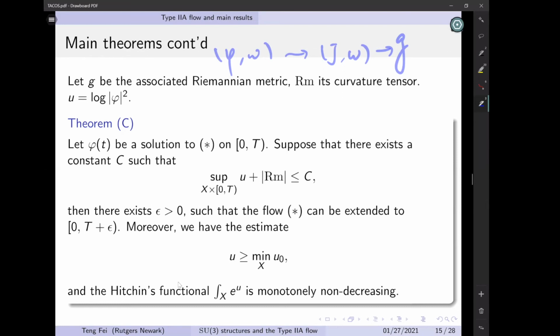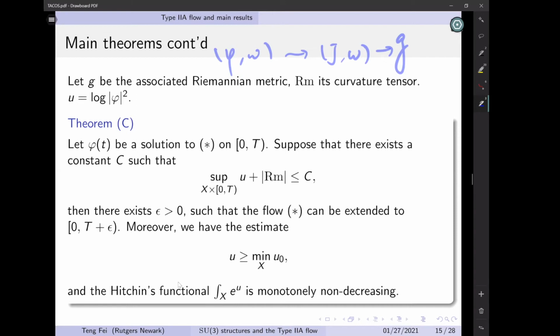And Rm is the curvature tensor, with the Levi-Civita connection of G. Also we define this function U to be log of norm phi squared. In this case, norm phi squared is always positive, so this is a globally defined smooth function.